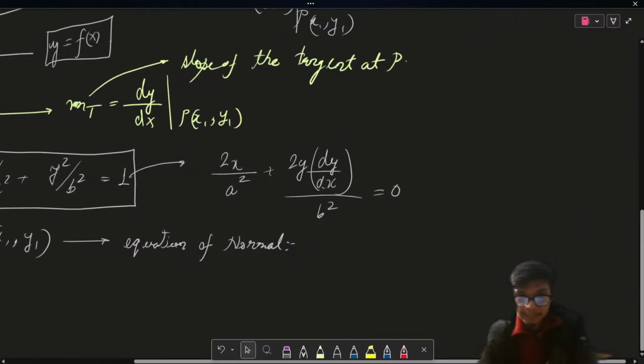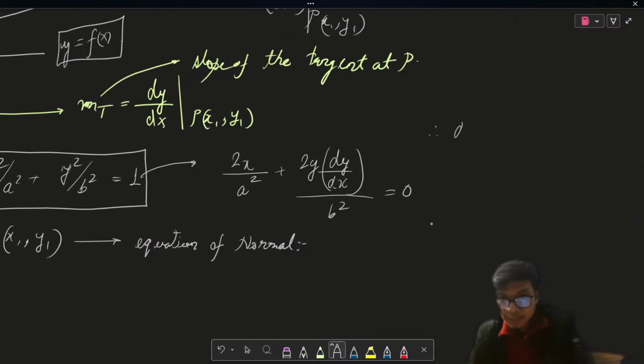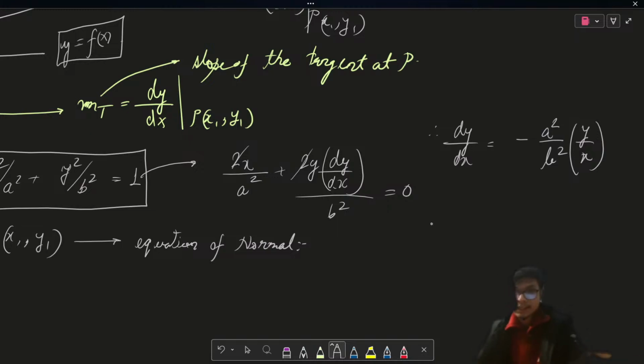From here, we can obtain dy by dx, and this 2 will get cancelled out because it is common, and I will get the relation as minus of a square upon b square, y upon x. Now this is at point P, so it will be at x1 and y1.